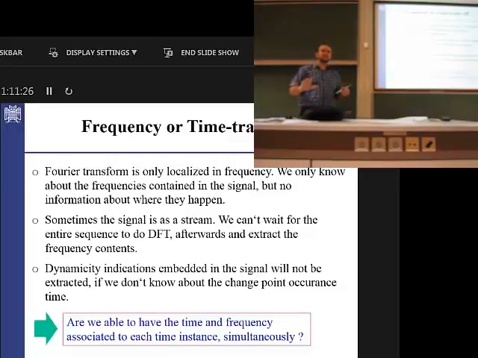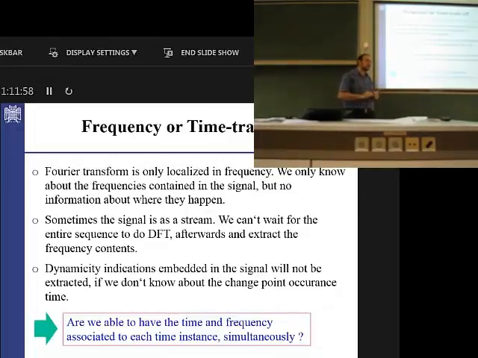That's the only information you will get. But what if we need to know at each moment of the signal what happens? I need to know, for example, at this moment the signal contains these frequencies, and in the next moment, or 2 days later, the frequency content of the signal is changing.